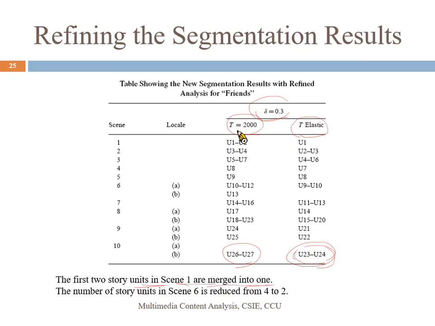Originally, if we set the parameter fixed, the first scene will be over-segmented into 2 story units. But with the elastic parameter, we will only have 1 story unit. And the number of story units in scene 6 is reduced from 4 to 2. So the effect of over-segmentation decreases.